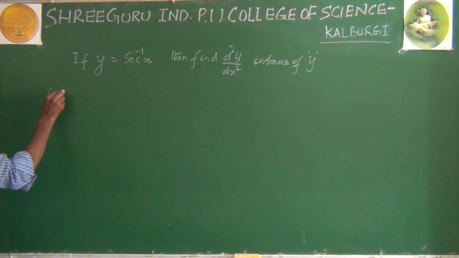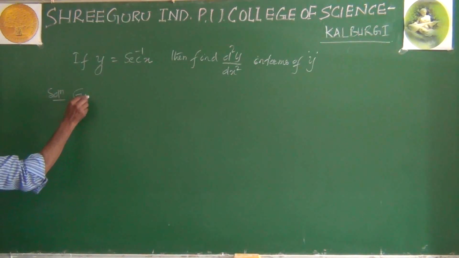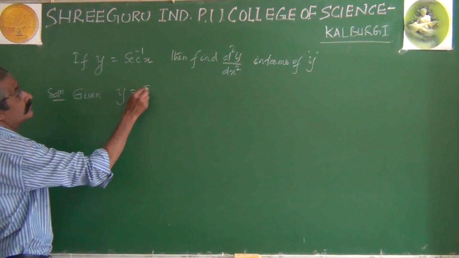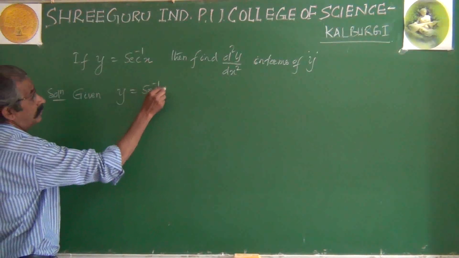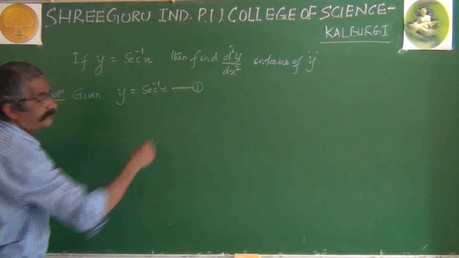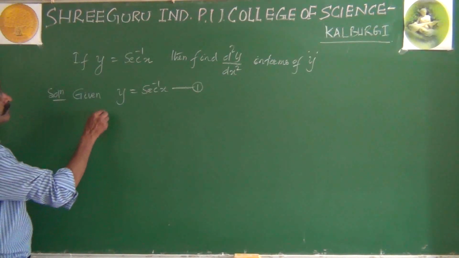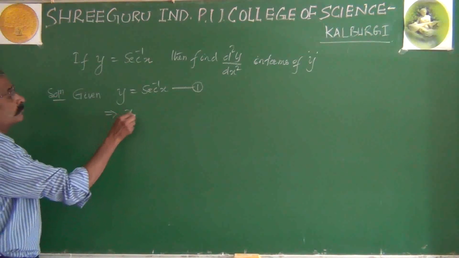Solution. Given y equals sec inverse of x, call it 1. By the definition of inverse trigonometrical functions, this implies x equals sec y.